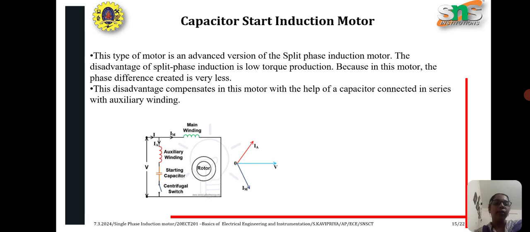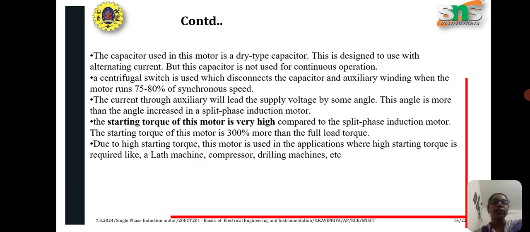Until the motor reaches 75 to 80% of its speed, the switch remains closed, and after the maximum speed is reached, the switch will open and the auxiliary winding and the start capacitor will be removed from the circuit. It is used in lathe machines, compressors, drilling machines. The starting torque of this type of motor is very high compared to the split phase induction motor.